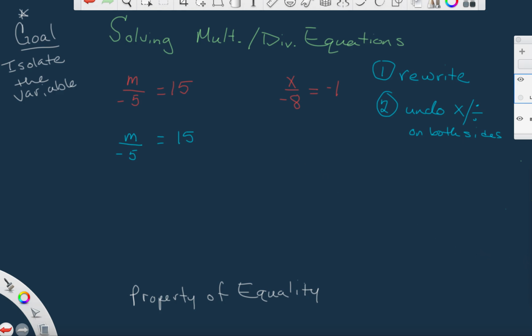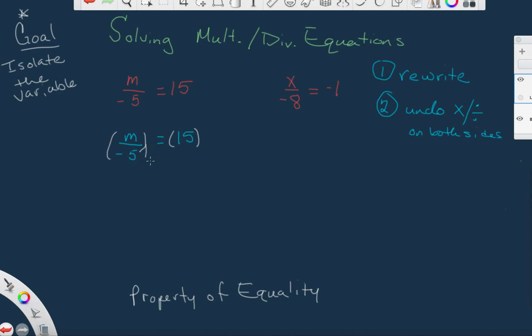So here's what we're going to do. We're going to show multiplication using parentheses because we just used parentheses when we talked about distribution, right? And here's how I want you to show it. We see here that m is being divided by -5.